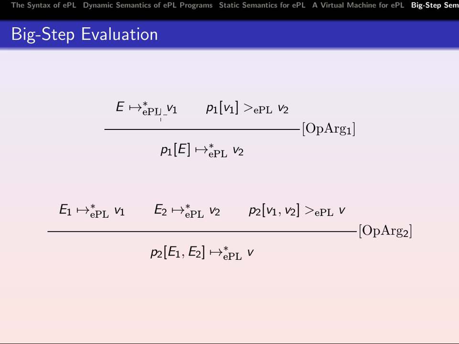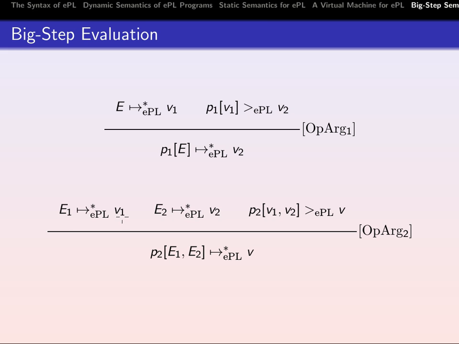If you have E evaluates to V1 and then what you're left with is P applied to V1 and that you know that it evaluates to V2, then you can say that P applied to E evaluates directly to V2, right? So this is transitivity. But it's a restricted form of transitivity because we want always to have the last operation here.